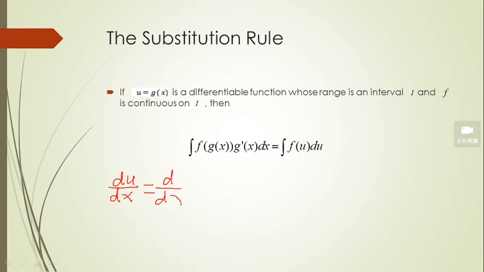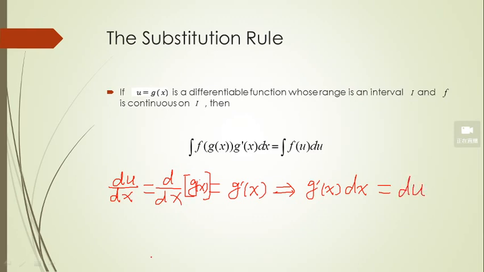It's the same. Let me write it this way. You differentiate the function g(x), so that will be g prime. So g prime times dx, and here you shift the g(x) to the right side, then you get du.